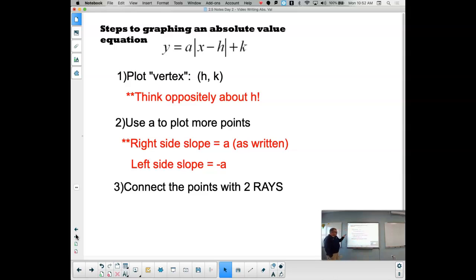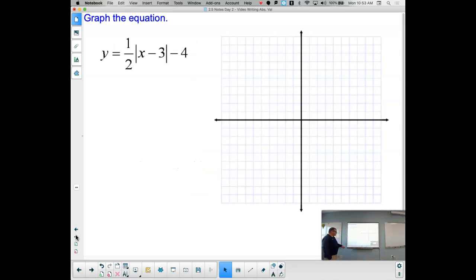Then the slope of the right side is a, the coefficient in front of the absolute value, and the slope of the left side is the opposite of a. Then we plot a couple points on both the left and right sides, and connect those points using 2 different rays. So how that looks, okay?